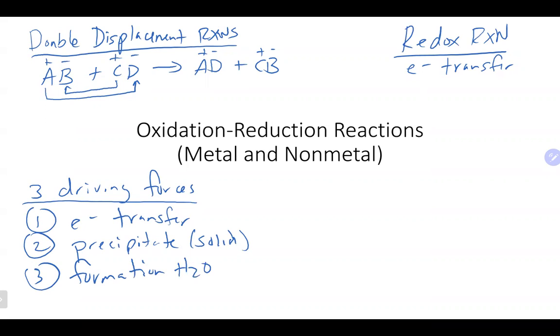That in a nutshell is really why reactions take place. One of those three things is pretty much going to be happening in every reaction that occurs. Either electrons will be transferred, or you will make a solid or a precipitate, or you'll make water.